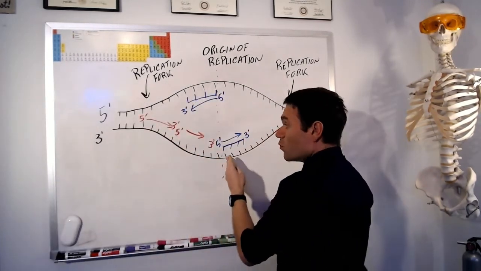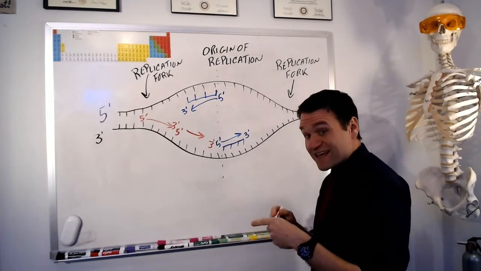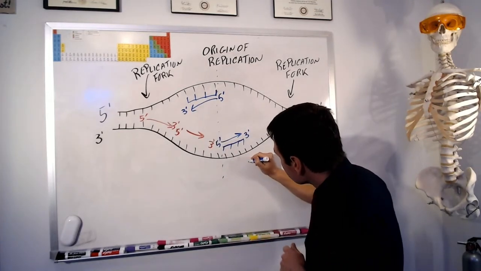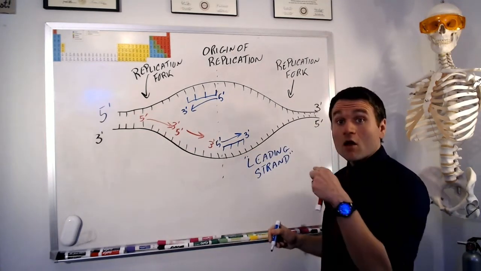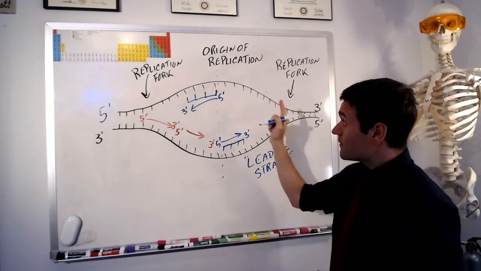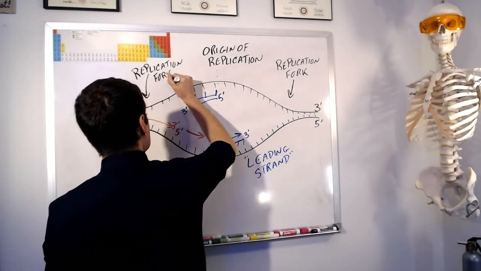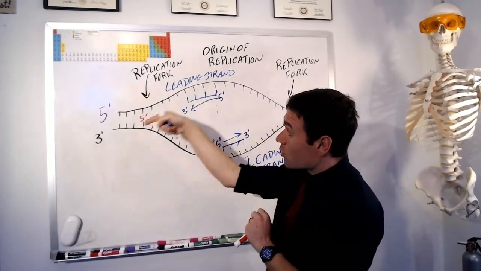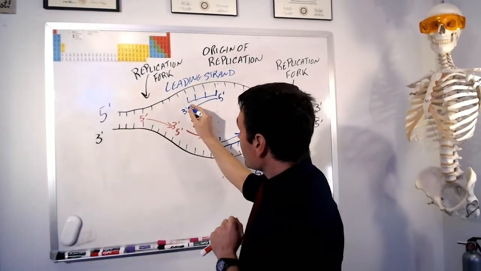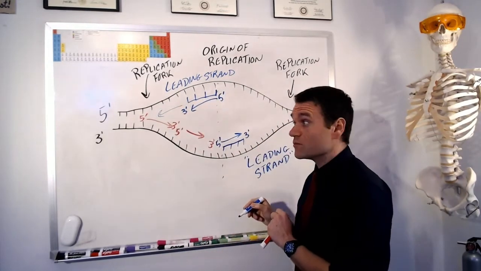So on one side of the origin of replication, we're going to replicate continuously. This is called the leading strand. The leading strand is the one that can just keep going in the direction it's already going. No matter how much DNA we open up, we can just keep cruising in that same direction.